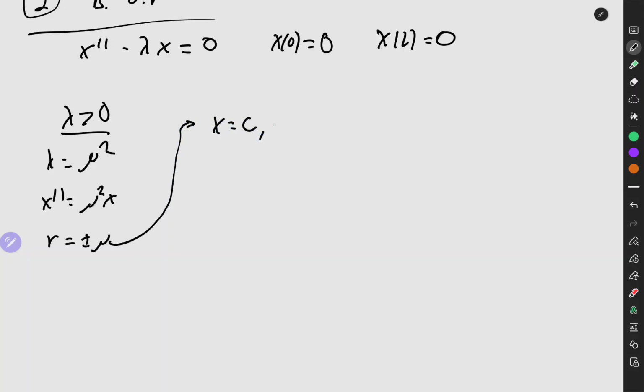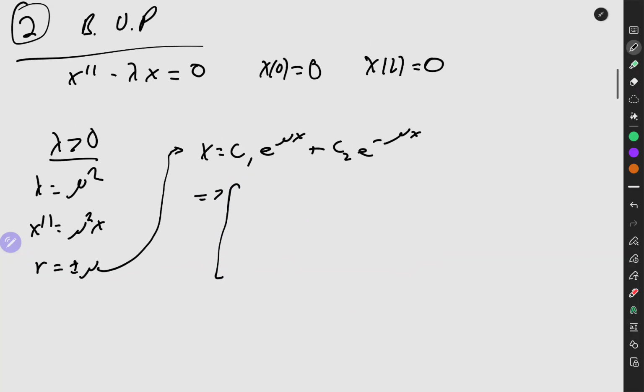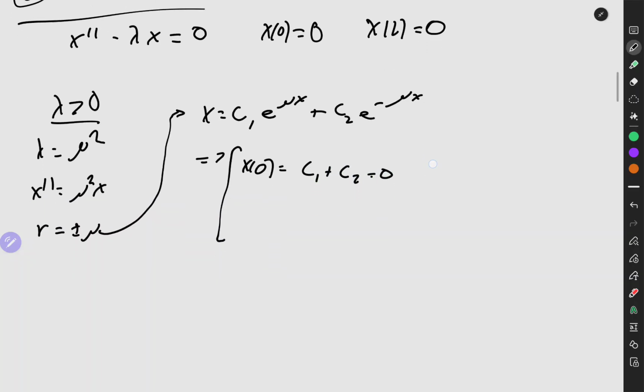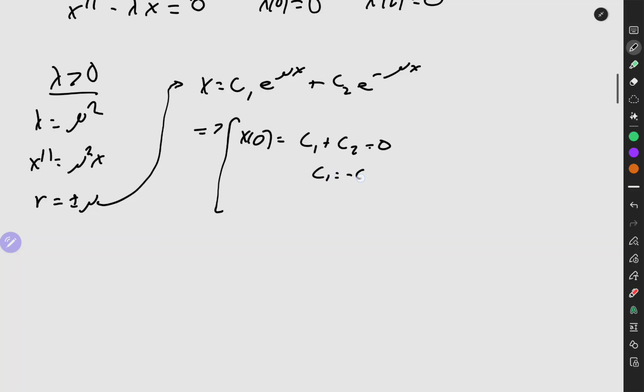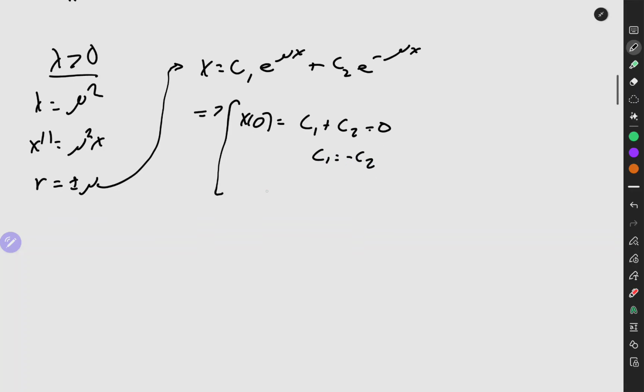That's just your standard second order general solution. e to the negative mu x. Now use our first boundary condition. C1 plus C2 equals 0. So then C1 equals negative C2. Plug that into our equation here.